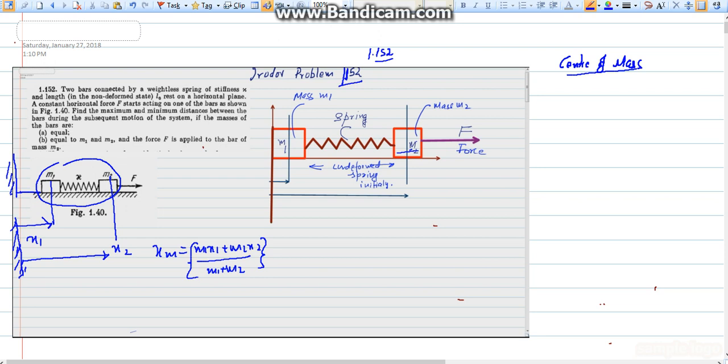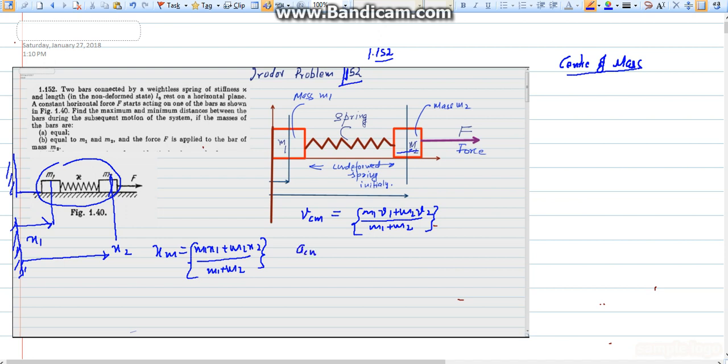Now, velocity of center of mass would be equal to (m1 v1 + m2 v2) upon (m1 + m2). And what is the acceleration of the center of mass? In this case, we can double differentiate it.